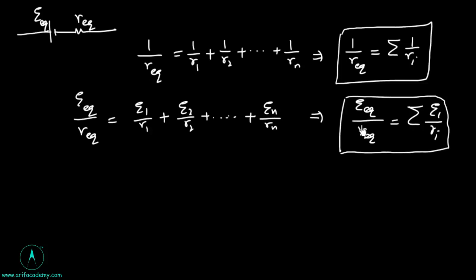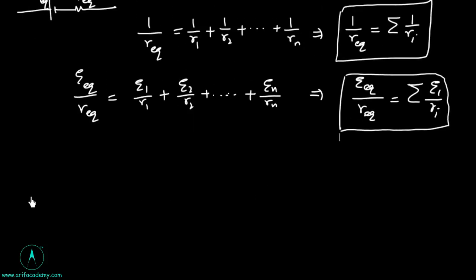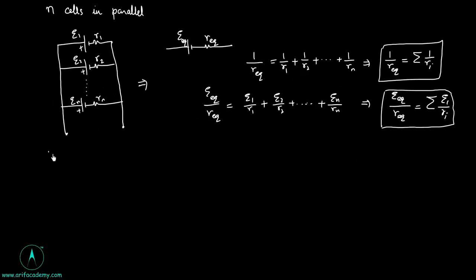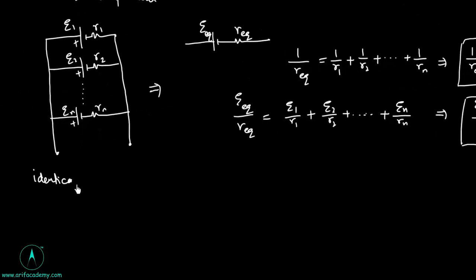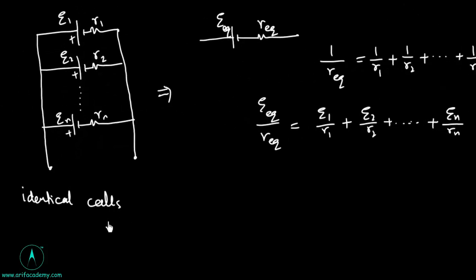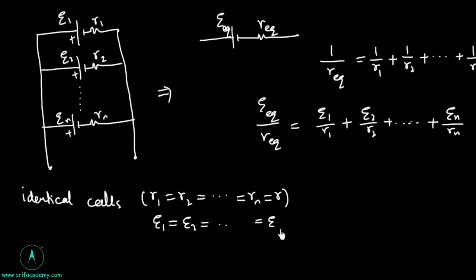And if cells are identical, what happens if n cells are identical, I mean R1 equal to R2 equal to Rn, these are all equal to R, and E1 equal to E2 equal to En, these are all equal to E. In that case we have to find R equivalent and E equivalent.